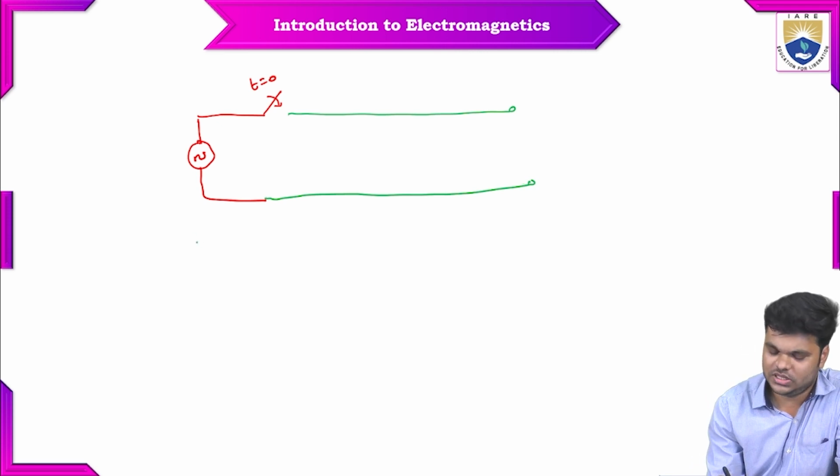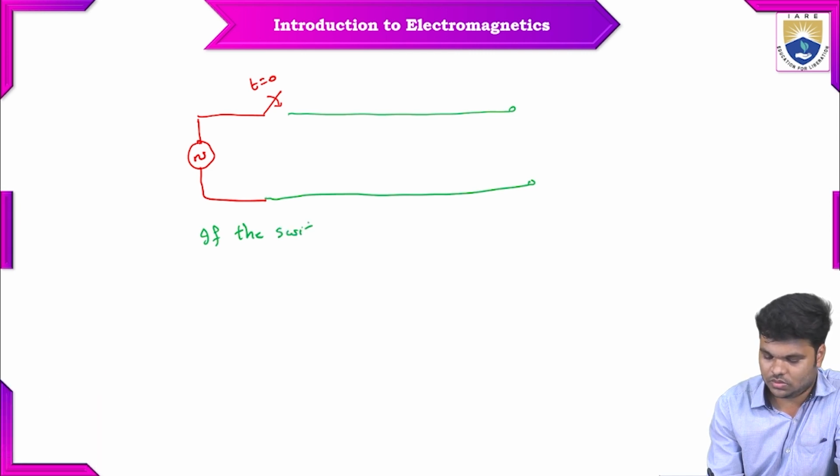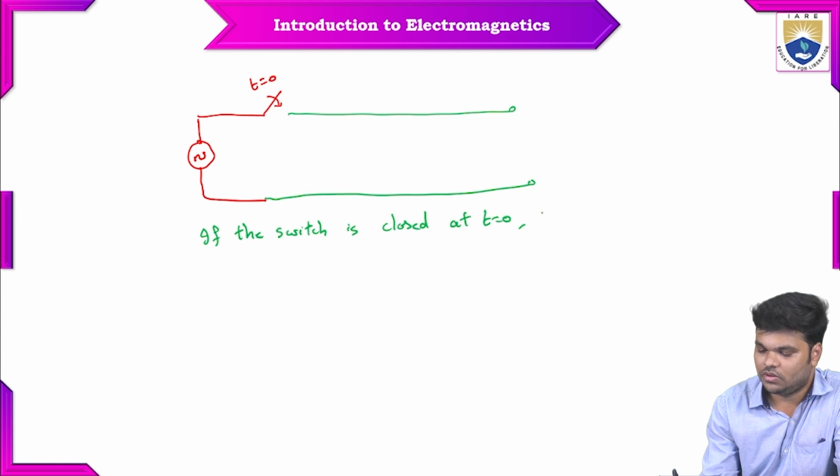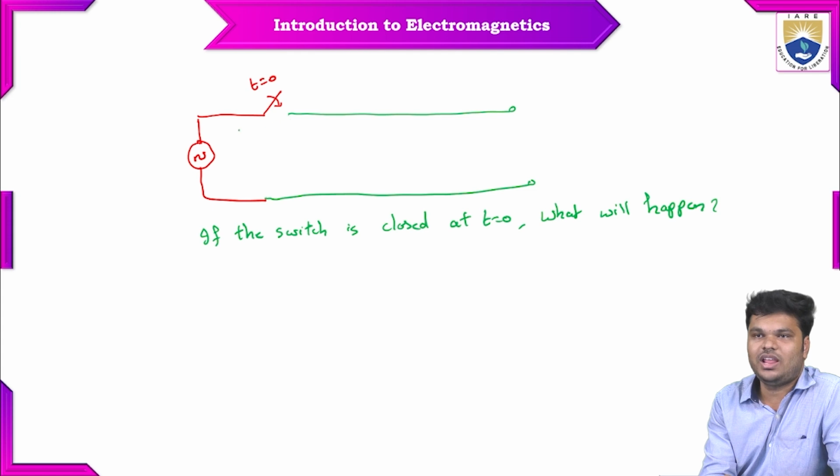The question in front of you is, if the circuit is closed, if the switch is closed at t equal to 0, what will happen?